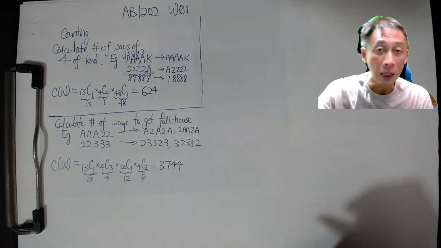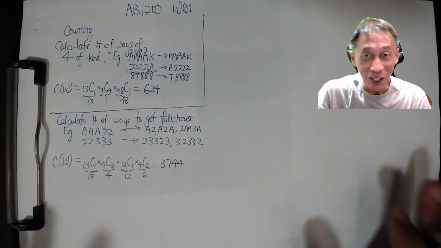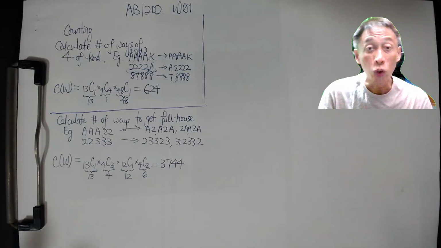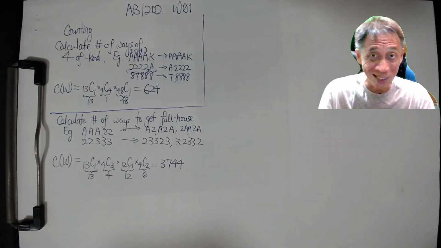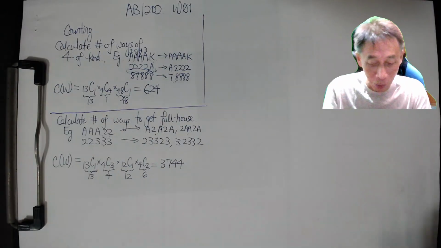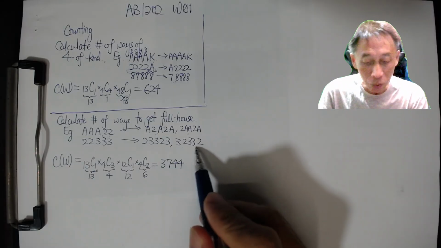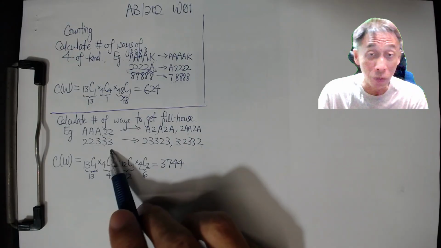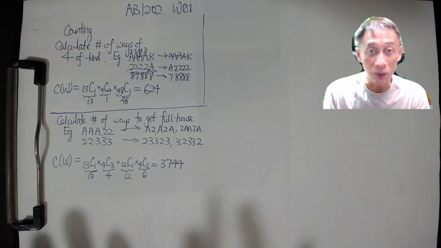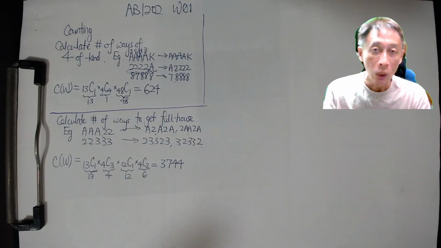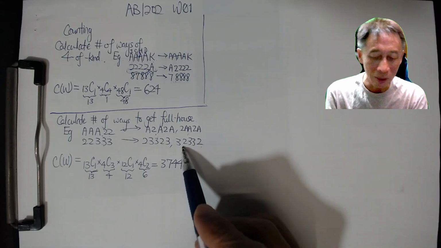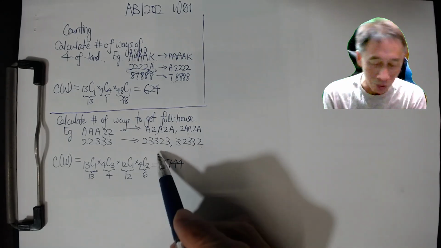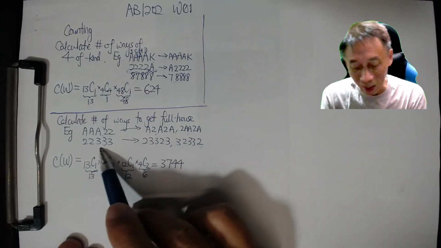As I say again, in case you are worrying, oops, what about the various permutations within, right? Not to worry, because we are counting the hands, right? When you show your hand, when you display 32332, people are going to take it as if it is 22333. Kind of like, let me sort the cards, right, in standard form. So whether you show your hand in a random fashion, 32332, 23323, whatever it is, we can always standardize it.